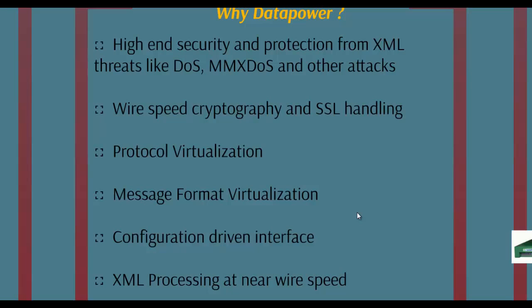In today's scenario, wherein we rely so much on XML, XML threats have emerged as a major threat in applications, and DataPower provides high-end security and protection from XML threats. This includes denial of service attacks, multiple message DoS attack, which is MMX DoS attack, and there are other attacks in the XML world, and DataPower has full-blown support for protecting against all those attacks.